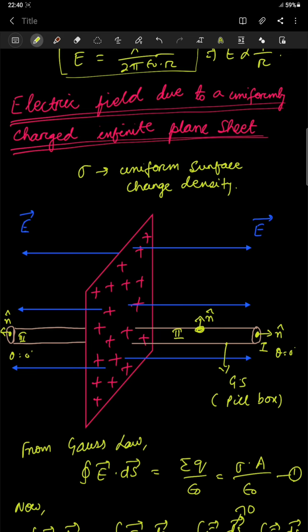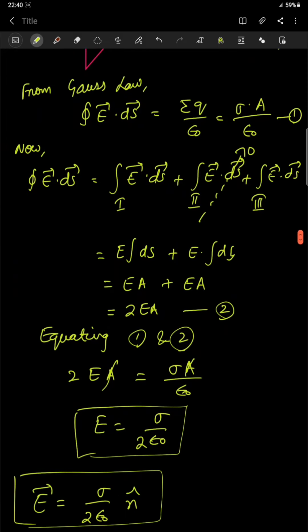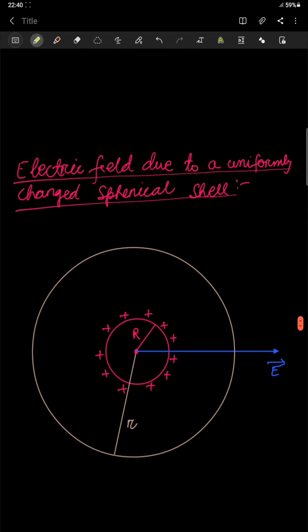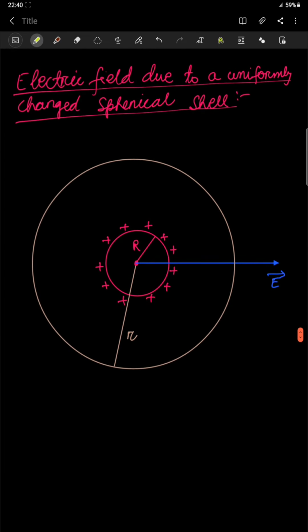In the third application, we will find the electric field due to a uniformly charged thin spherical shell. Here we will take a thin spherical shell and try to find the electric field. The pink color which I have drawn is the uniform spherical shell.